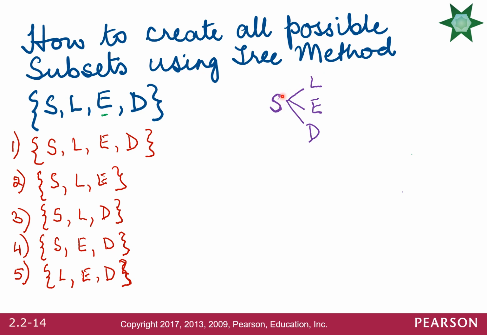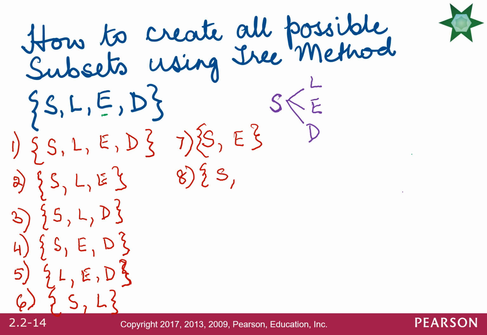So SL, SE, SD. Let's list those. So number 6 is of 2 elements, SL, and then number 7 would be SE. Again, use your parenthesis, SE, and then 8 is SD. We are walking the tree. So SD.